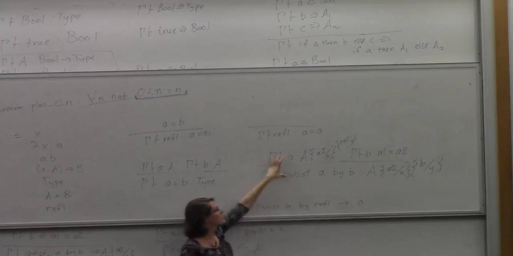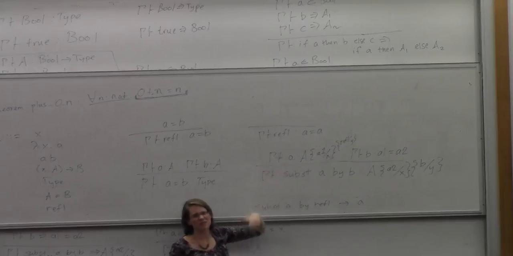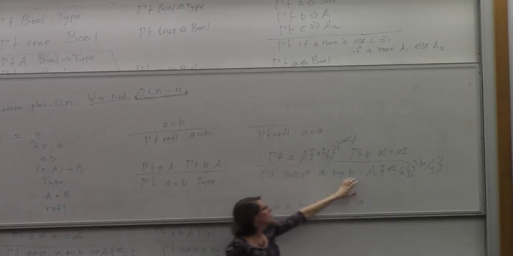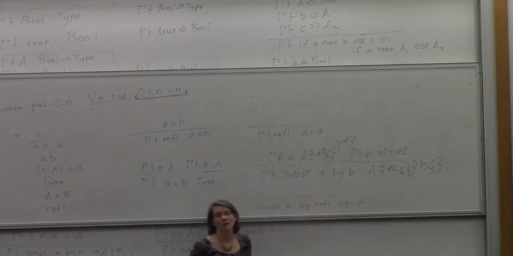And this is going to give us an even more powerful elimination form. It's very similar to when we had if, and we were letting the then branch and the else branch know that the thing we were looking at was true or false. Here, if we can eliminate a subst, we know that we must have a REFL there, and we're increasing that knowledge.